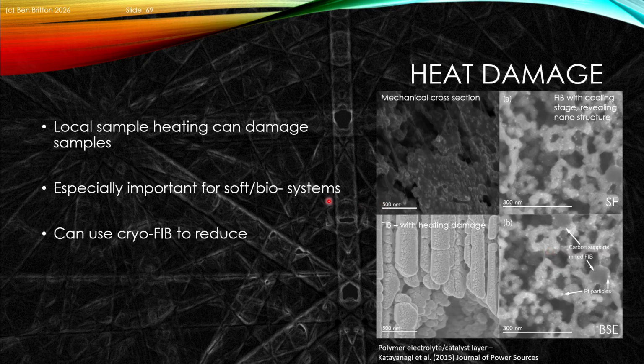This is particularly important for soft matter and biosystems, and ways to address this are controlling how the scanning strategy is done, but also you can do localized sample cooling, so you can do things like cryo FIB in those cases.